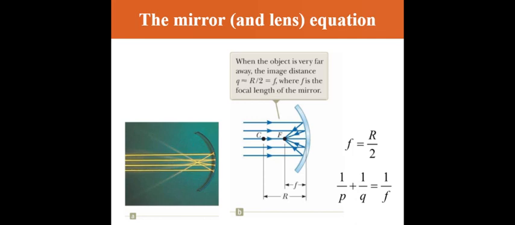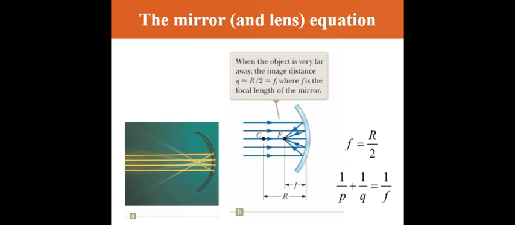This is the focal point of the mirror, and it's something that all mirrors have. Its location just depends on the geometry of the surface. In fact, it depends on the radius of curvature, since you can always find the focal point by knowing the radius of curvature and dividing that by 2, and it tells you the distance between the focal point and the mirror.